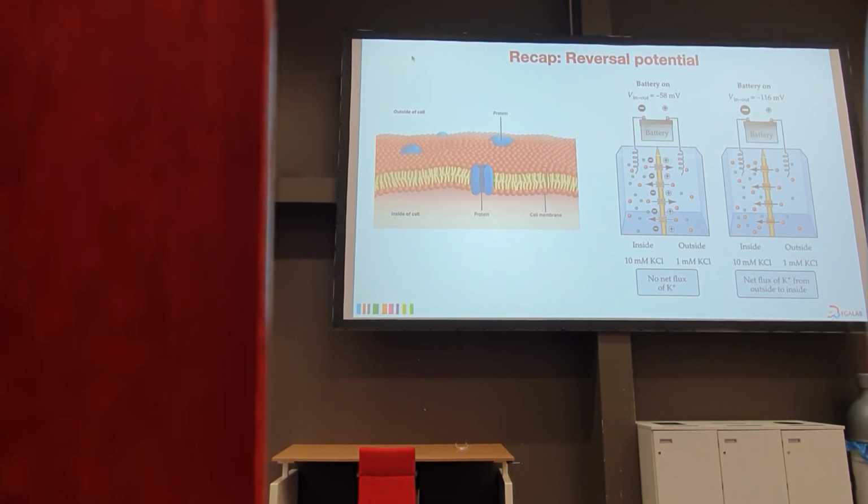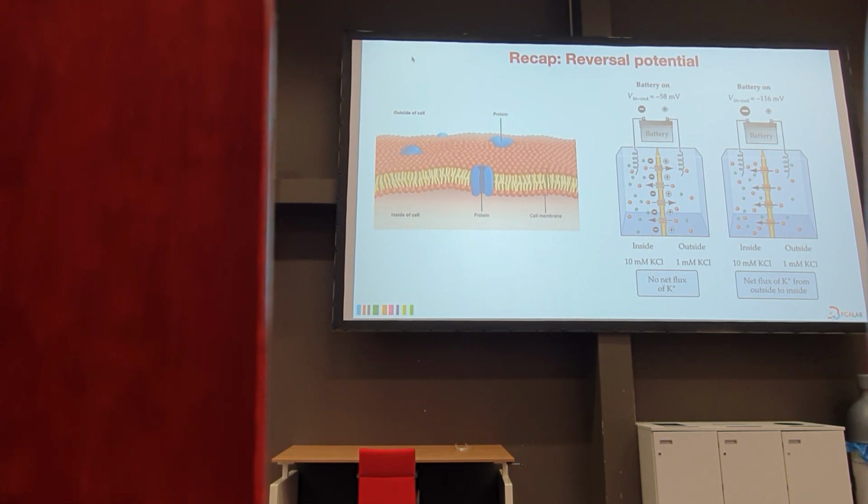particular type of ion. Again, that was not known at the time that Hodgkin and Huxley were doing their research, and we're trying to understand the mechanisms behind the action potential. We'll come to that in a minute, how they discovered this.